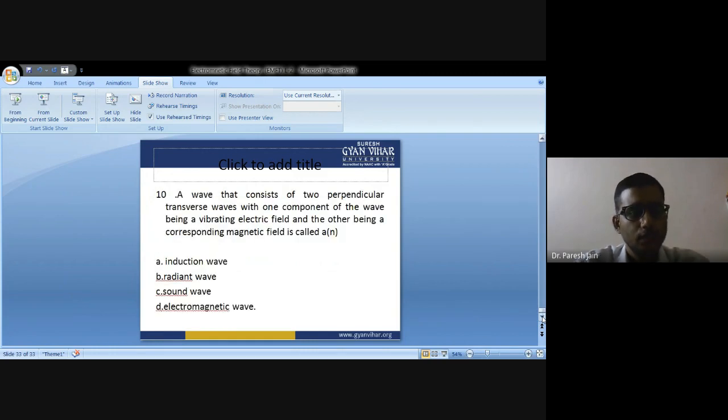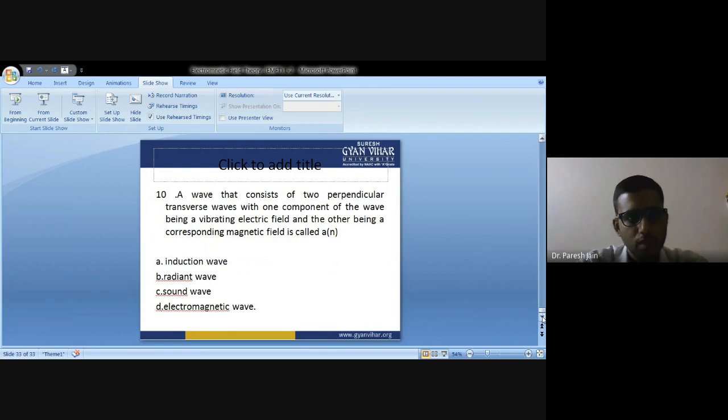Last and tenth one: a wave that consists of two perpendicular transverse waves, with one component being a vibrating electric field and the other being a corresponding magnetic field, is called an what? Two perpendicular transverse waves means electric and magnetic fields are perpendicular to each other.